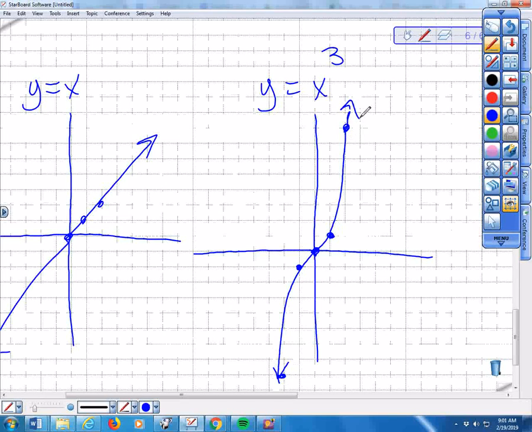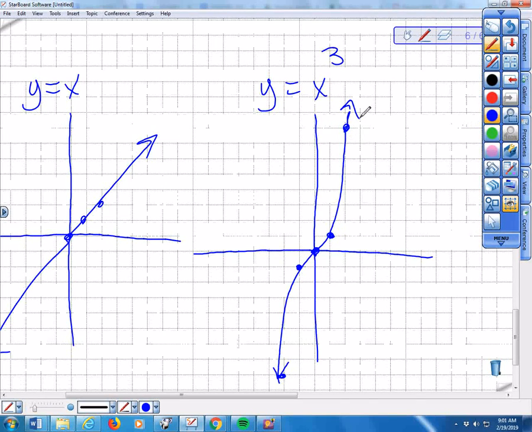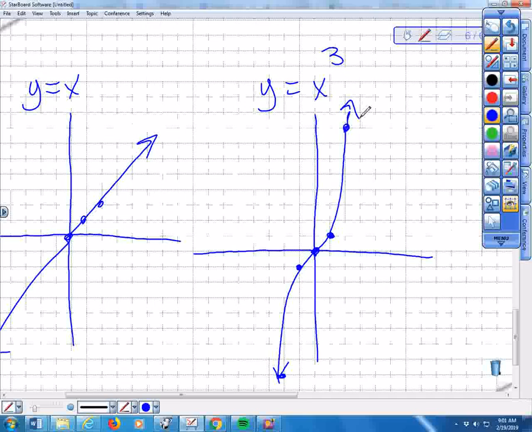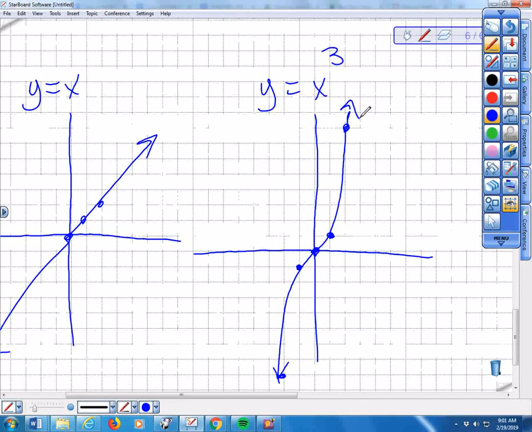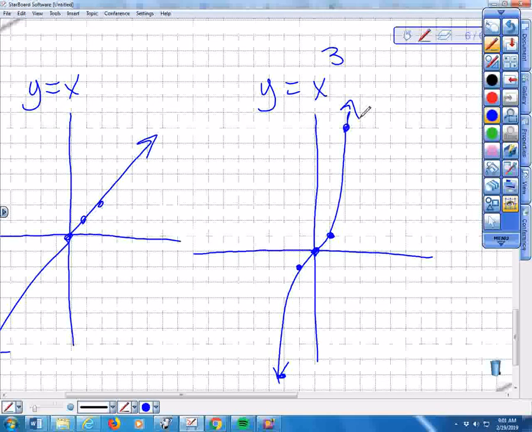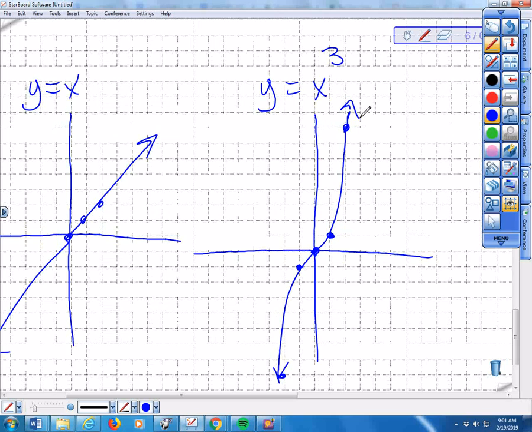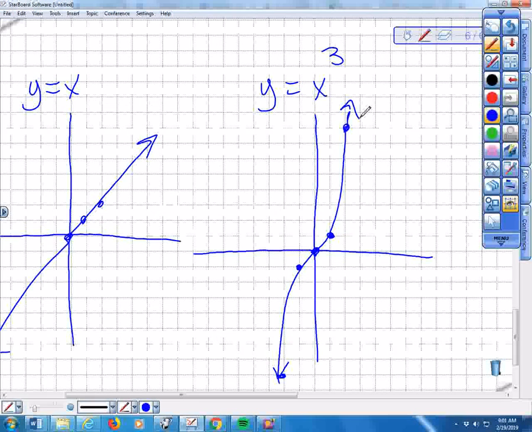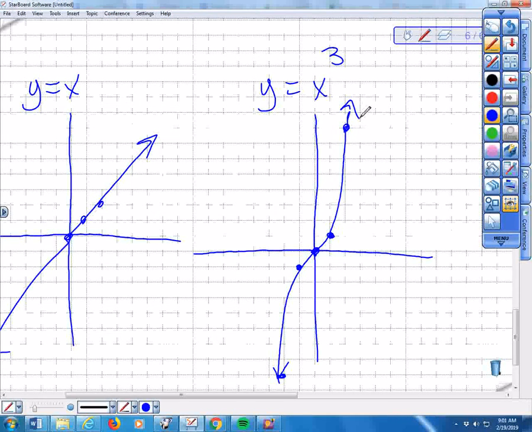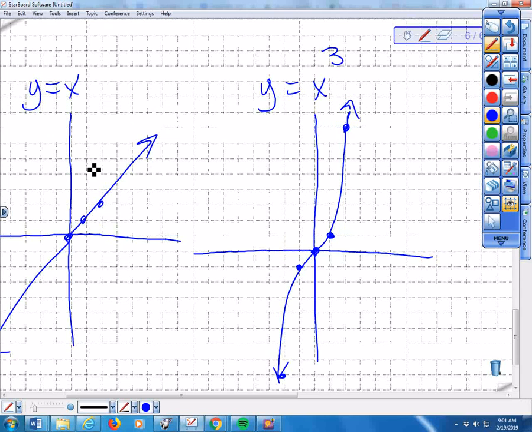So there's y equals x cubed. What's its end behavior? As x goes to positive infinity, y goes to positive infinity; as x goes to negative infinity, y goes to negative infinity. So the end behavior is the same for this graph and this graph.